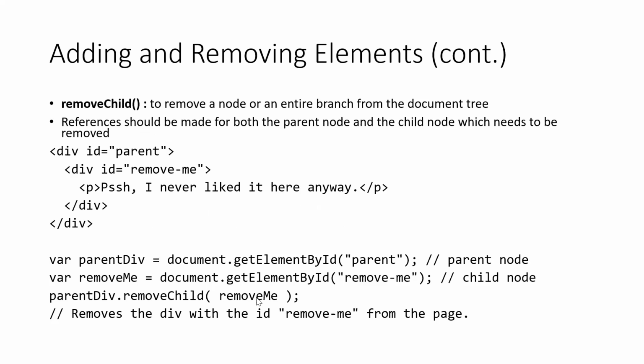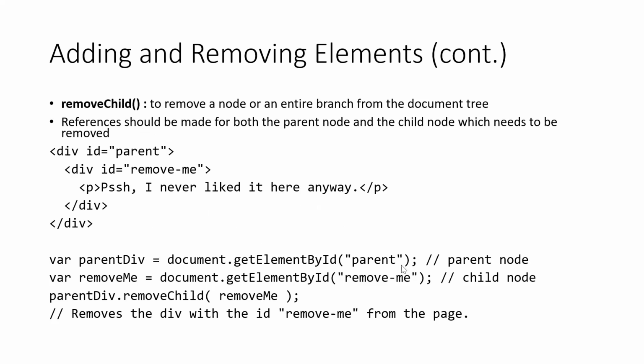Then removing elements, removeChild. So this could be used to remove an entire branch or one node from the document tree, right? So for example, in here we will have a div parent and a div remove, and then we have a paragraph within that.